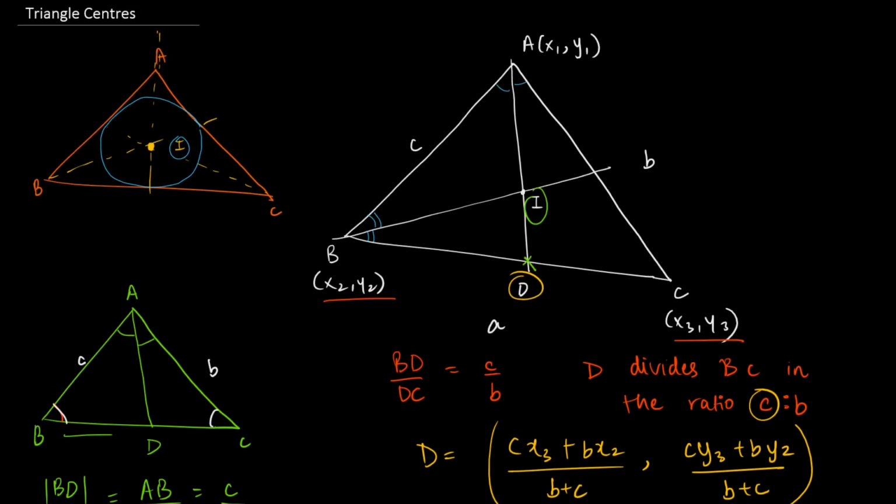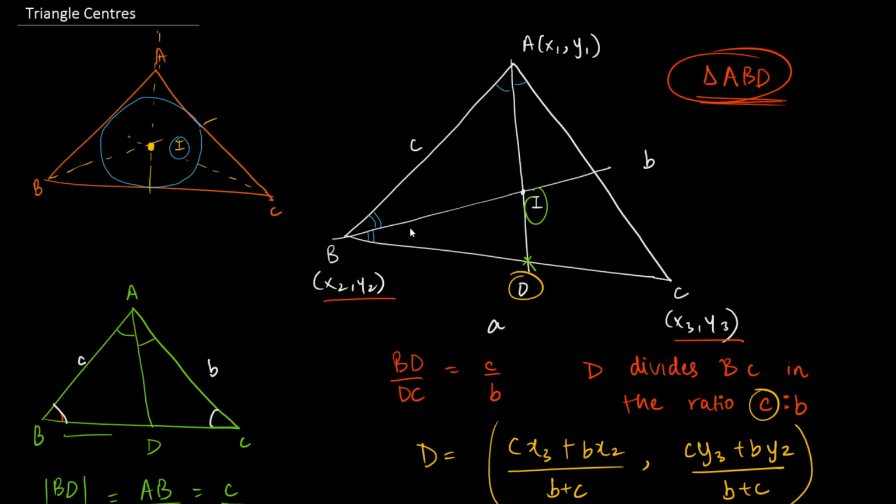If you look closely, then in this triangle ABD, this side, this length BI bisects the angle B. So you can again apply the angle bisector theorem in this triangle, in the triangle ABD.